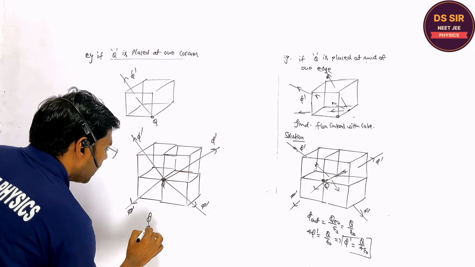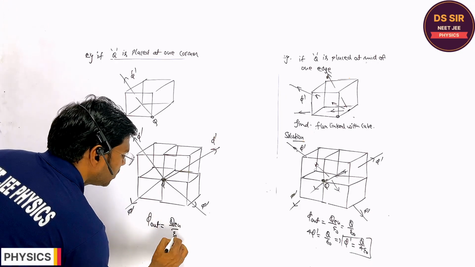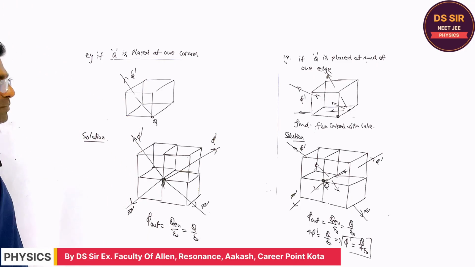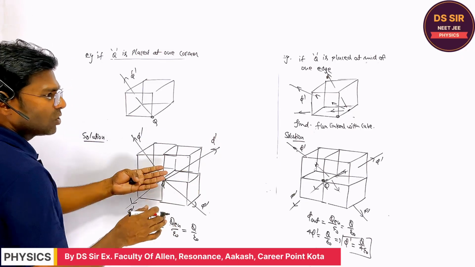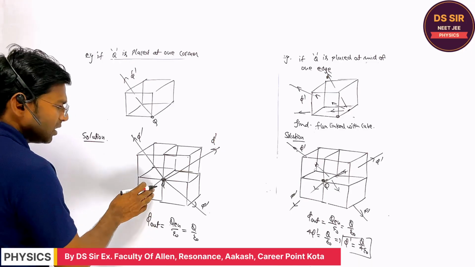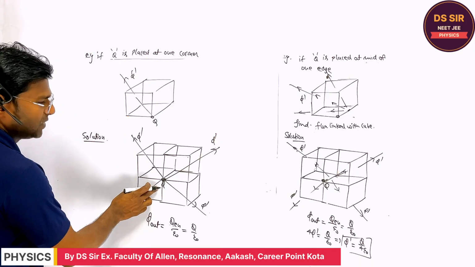So the total outward flux is nothing but the charge enclosed divided by epsilon naught, right? So q upon epsilon naught. And what is the flux? The total flux is 4 phi dash, the flux linked with these 4 cubes, and 4 phi dash, the flux linked with the cubes placed in front of this charge q.